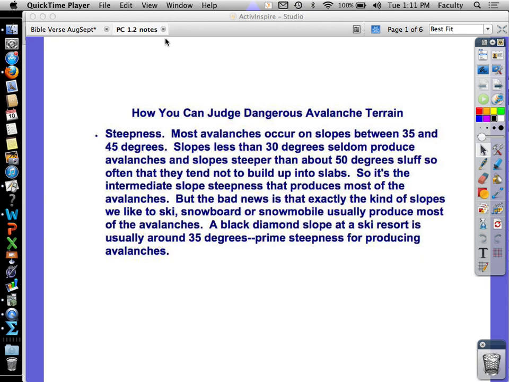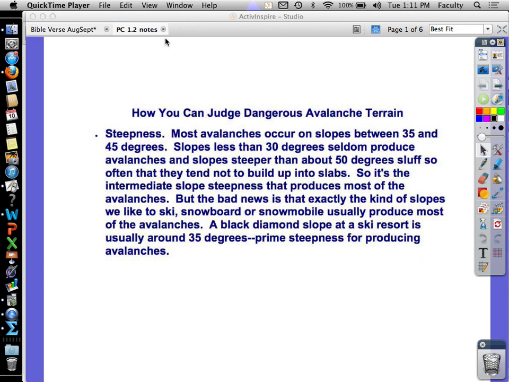With an avalanche, you actually have to understand slope in order to be concerned with whether the terrain you want to ski on has the potential to have an avalanche. What I came across is that most avalanches occur on slopes between 35 and 45 degrees. Slopes less than 30 degrees seldom produce avalanches, and slopes steeper than about 50 degrees slough off so often that they don't tend to build up into the slabs that cause an avalanche.